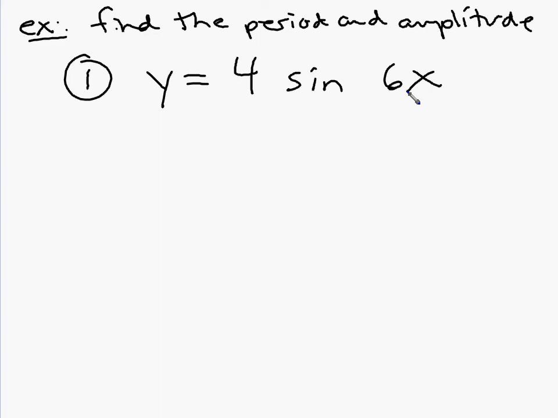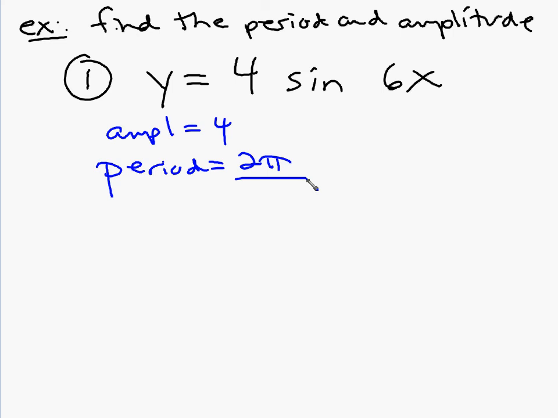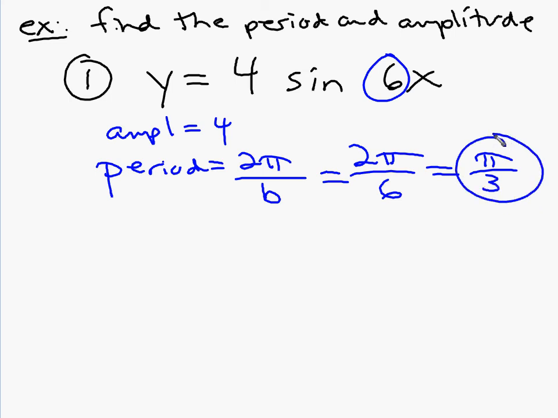Well, what's the amplitude? 4. The amplitude is 4. Boy, that was hard. How about the period? The period is always 2 pi divided by b. Well, b in this case is 6. So the period is 2 pi sixths, which we can reduce to pi thirds, which means for that particular sine function, the period is much shorter.